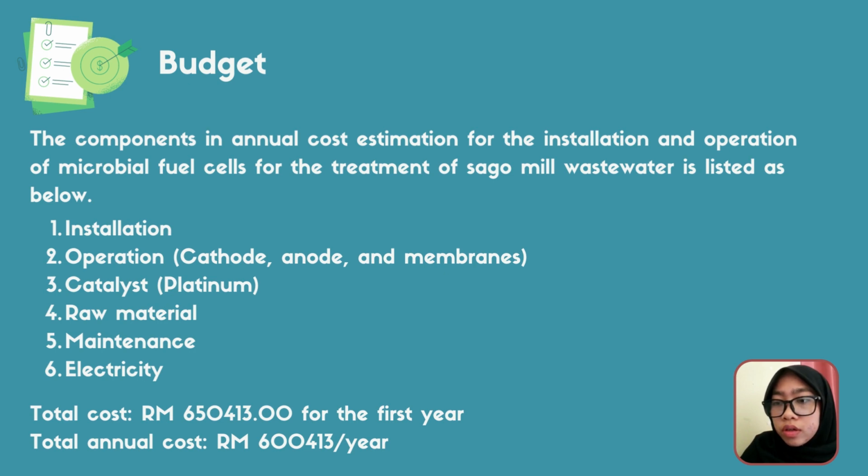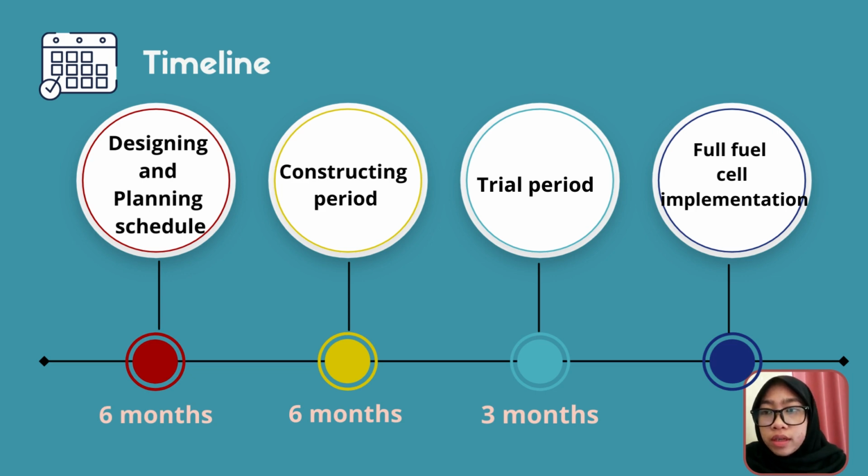The total cost for the first year is RM650,413, because it includes the installation cost for the first time, and the total annual cost per year is estimated as RM600,430.